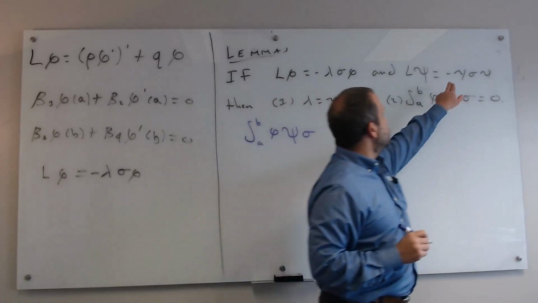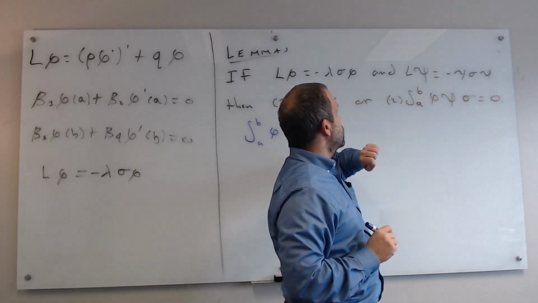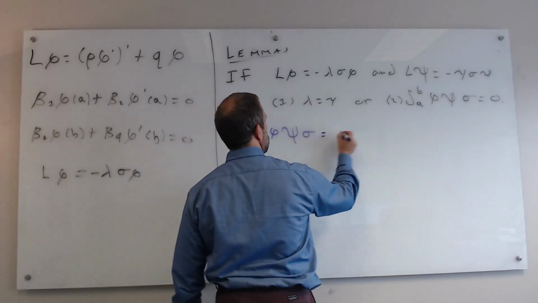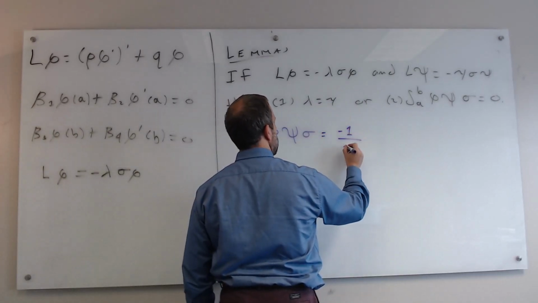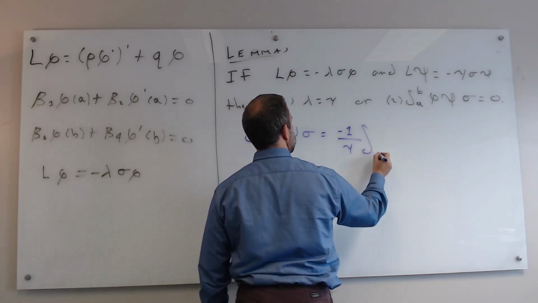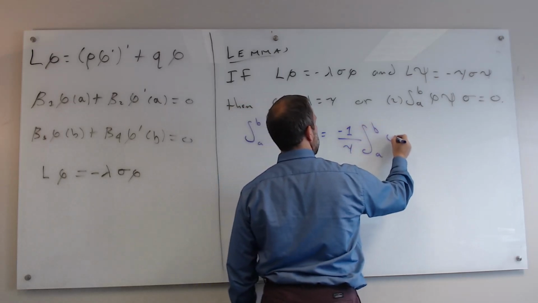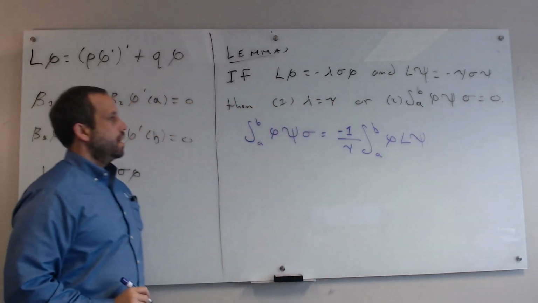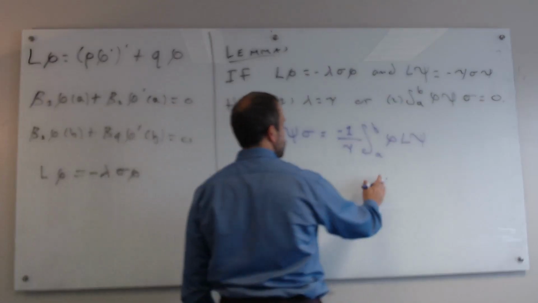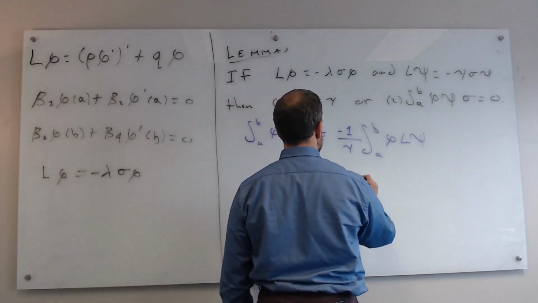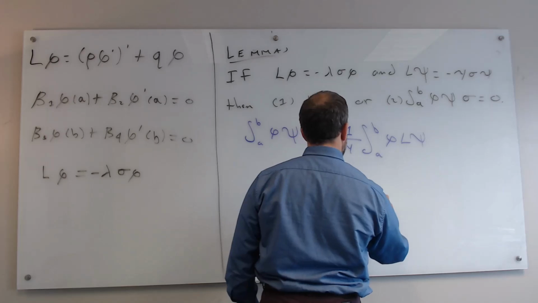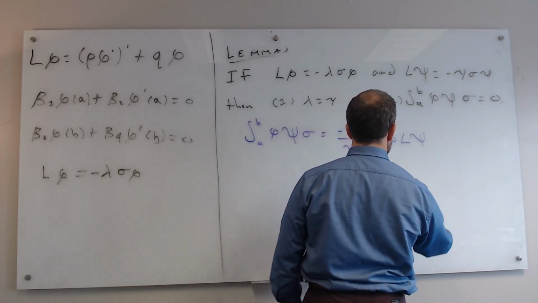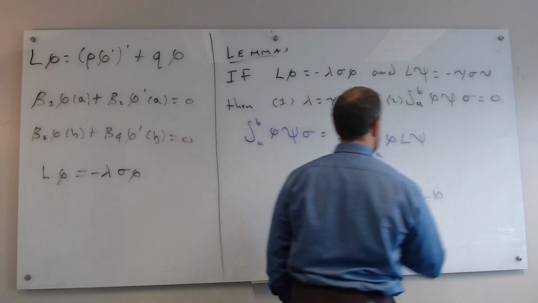I know minus gamma times sigma times psi is equal to L psi, so if I just look at sigma psi, this is going to be equal to minus 1 over gamma times the integral from a to b phi L psi. Now I'm going to use the symmetry of the operator L. This is minus 1 over gamma times the integral from a to b psi times L phi.